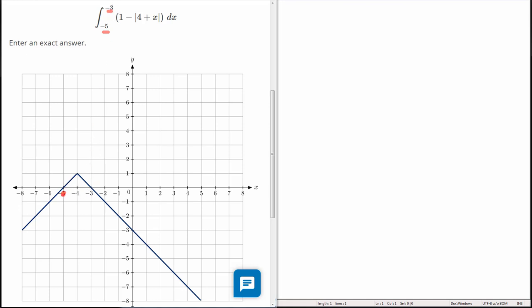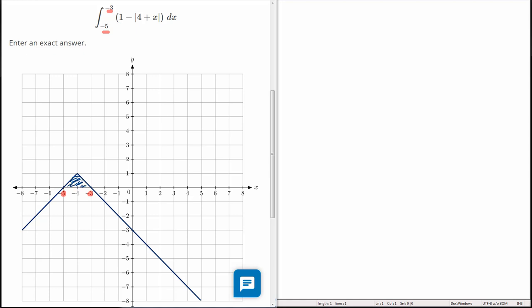Okay, so here's -5 and here's -3, and it wants the area under the curve and above the x-axis. So basically, all this question is asking for is what is this area?